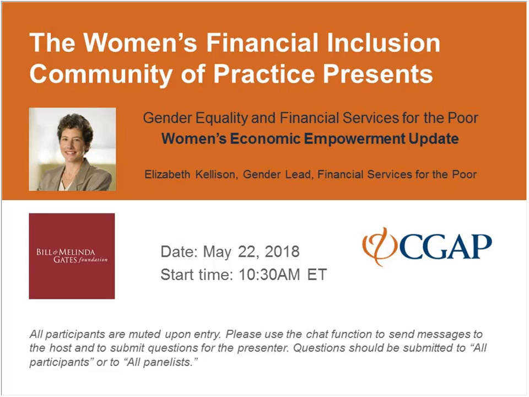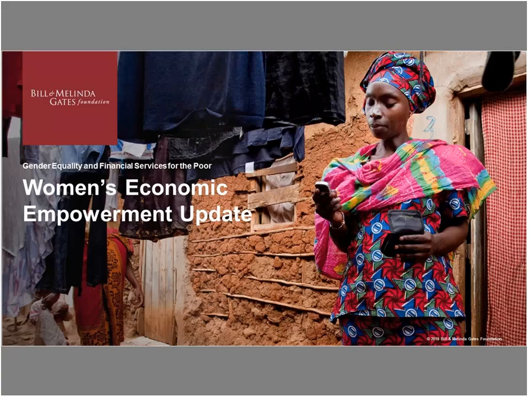The FSP team works with a wide range of public and private sector partners to foster the development of digital payment systems, such as mobile money, that can reach hundreds of millions of people with the financial tools they need to mitigate risks and capture opportunities to move out of poverty. Liz leads the team's work to increase low-income women's access to and usage of digital financial services. And with that, I will turn it over to you, Liz.